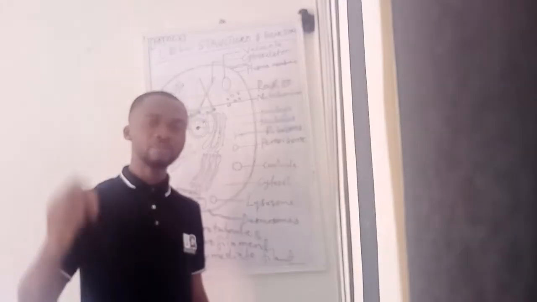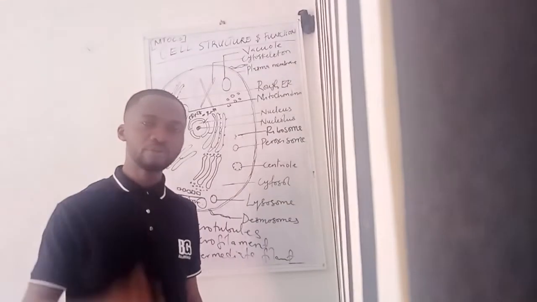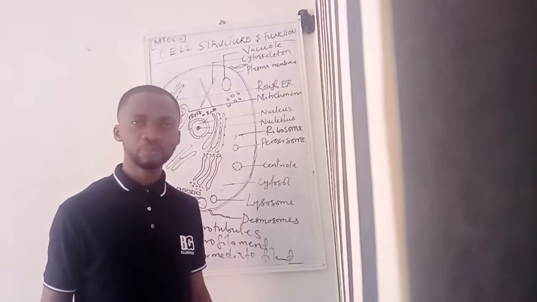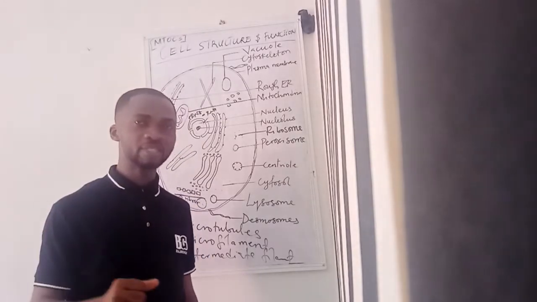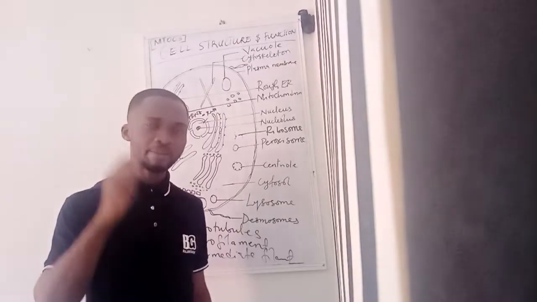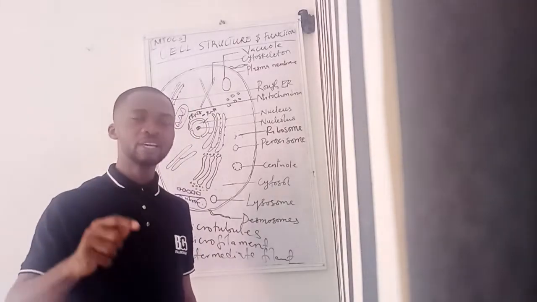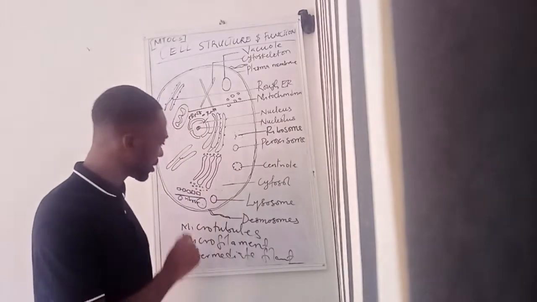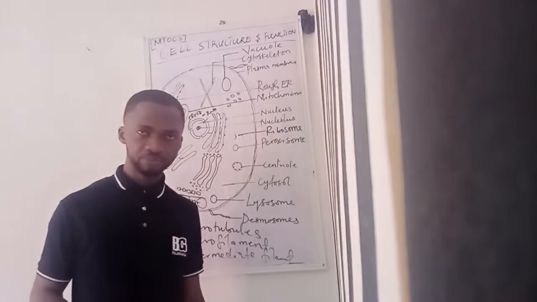Then when it comes to the microfilament, the actual function of the microfilament is to help in muscle contraction. For muscles to contract, the primary fiber that helps in achieving this is the microfilament.